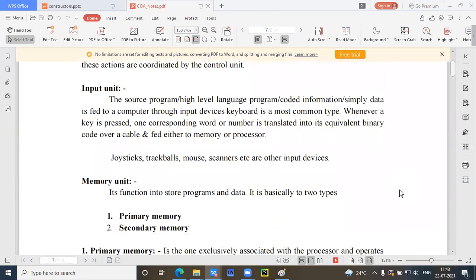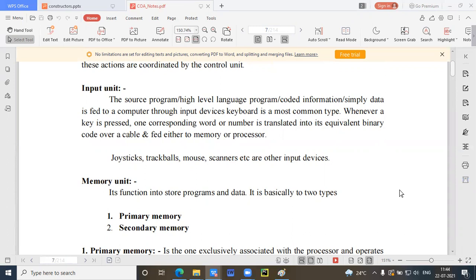First, see the input unit. What is the input unit? The source program or high level language program, coded information or simply data, whatever it is, is fed to the computer through input devices, keyboard or mouse, such as any key input device, as the most common type.